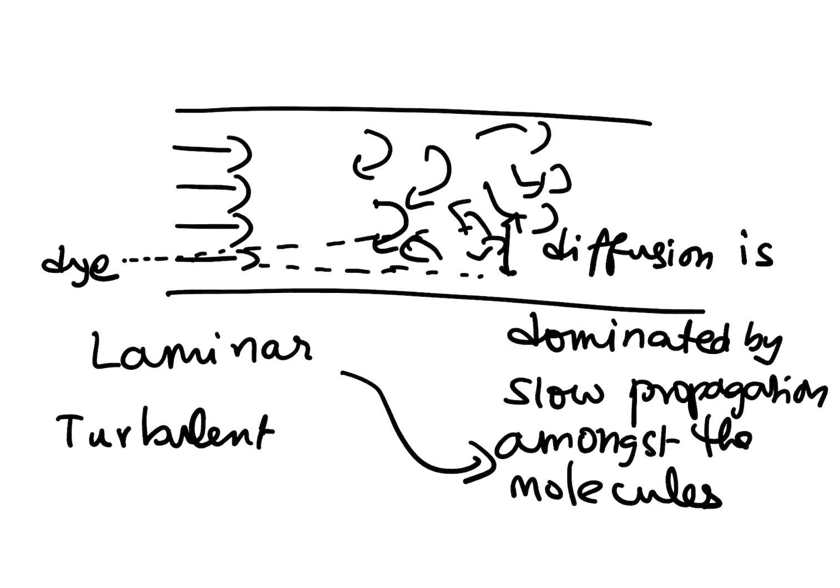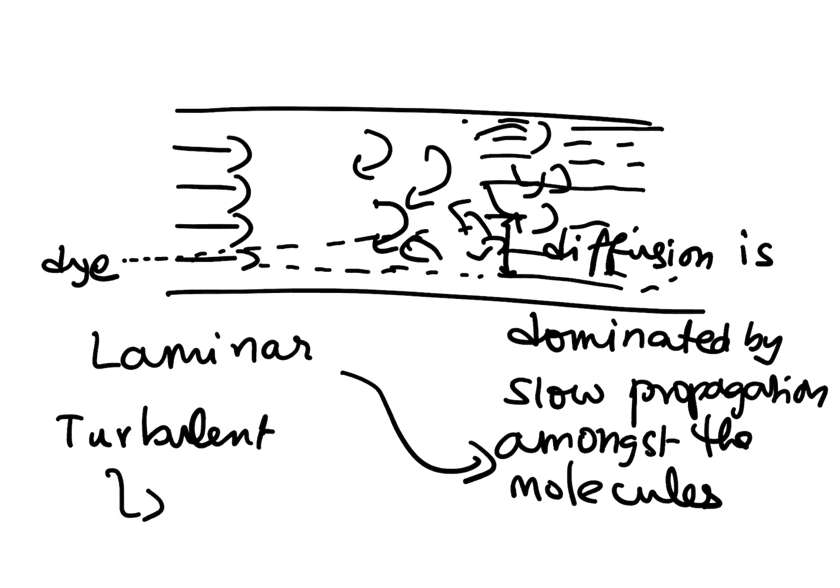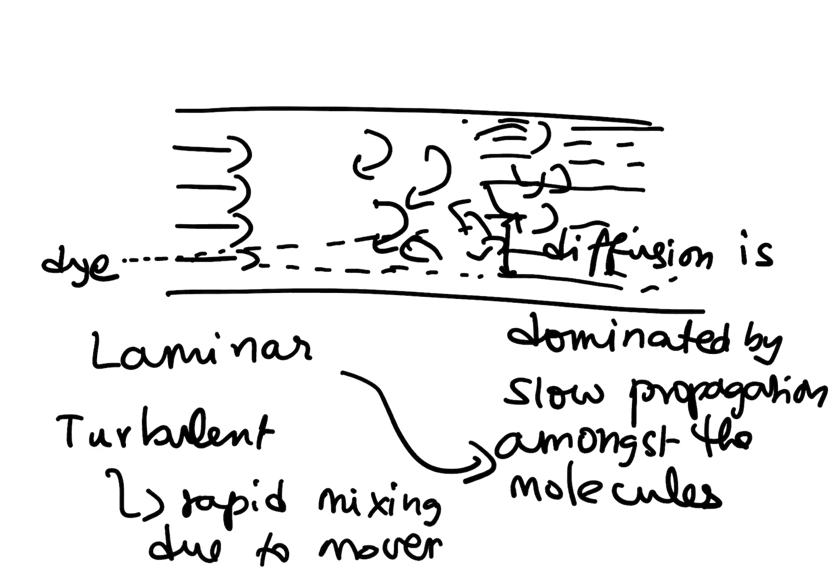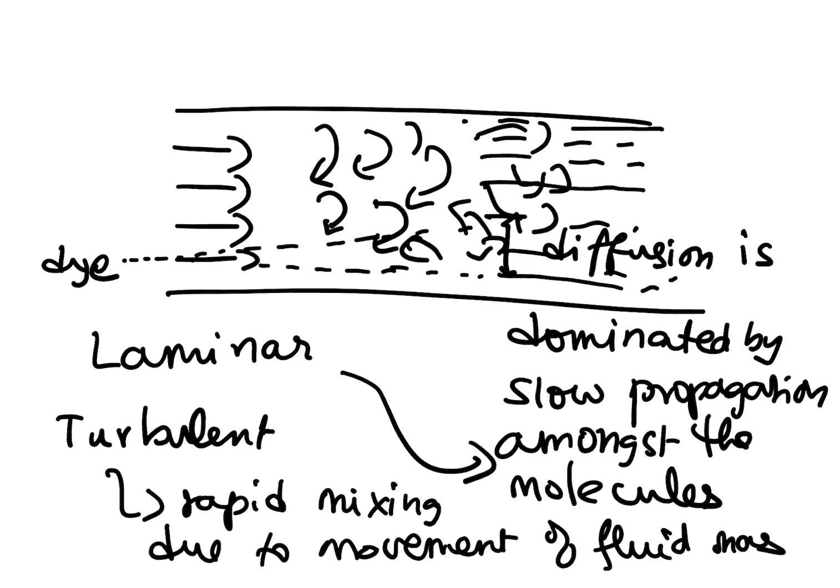What will happen is this dye is quickly dissipated across the entire cross section, leading to rapid mixing due to movement of fluid masses by vortices or swirls or little tornadoes. That would be a characteristic of turbulent flow.